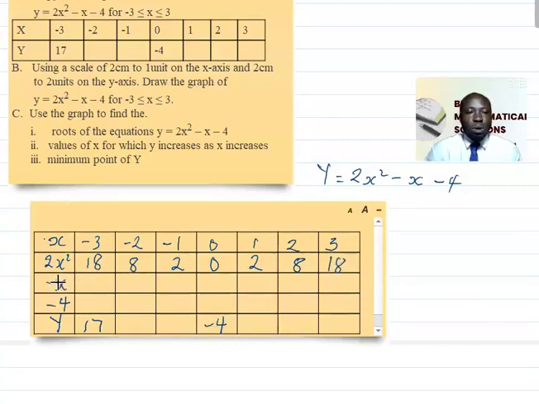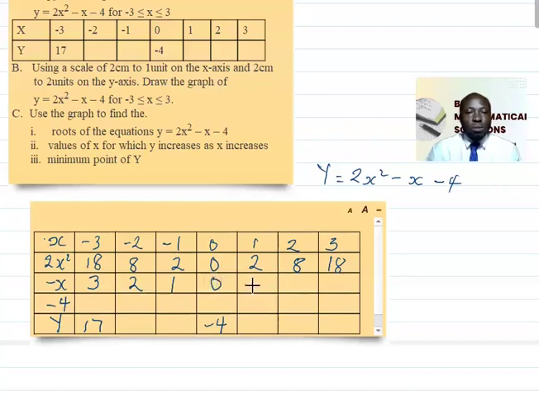For the second phase, that is minus x. When our x is minus 3, minus x gives us 3. When our x is minus 2, this gives us 2. When x is minus 1, this gives us 1, and 0 gives us 0.